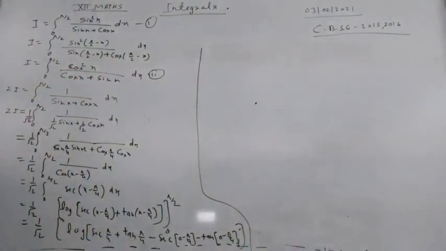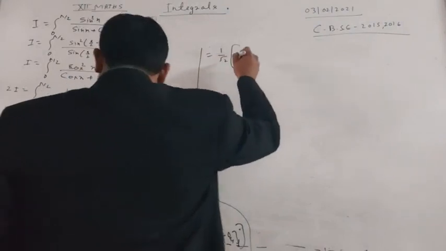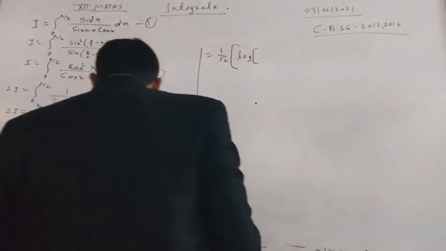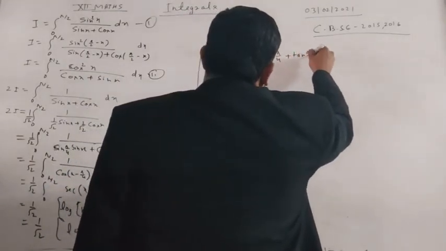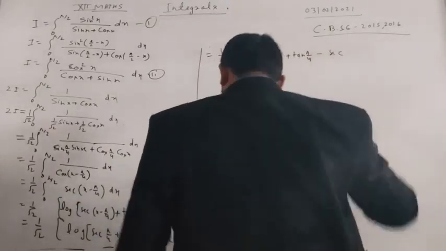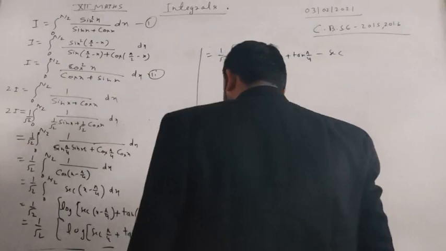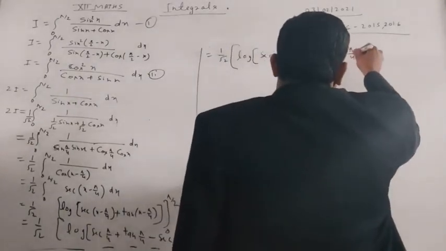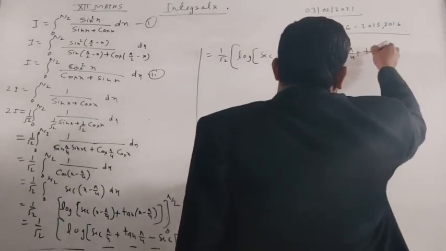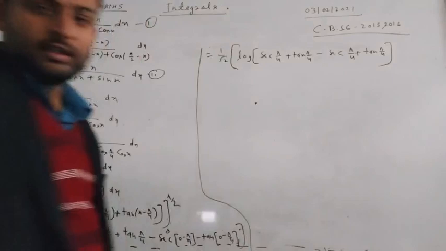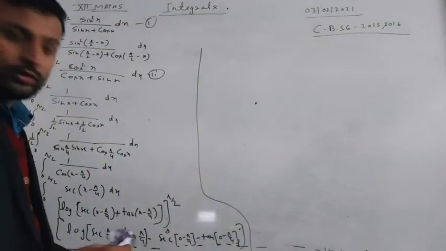Okay students, now we can write, this is 1 by root 2 and log of sec pi by 4 plus tan pi by 4, minus the value at the lower limit.